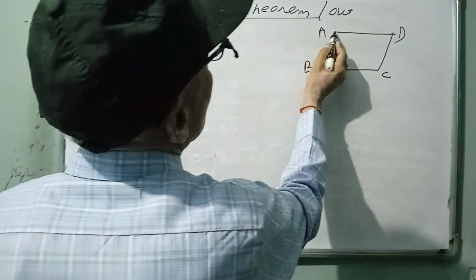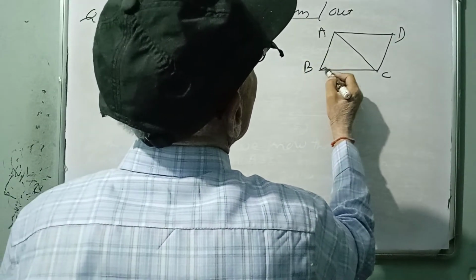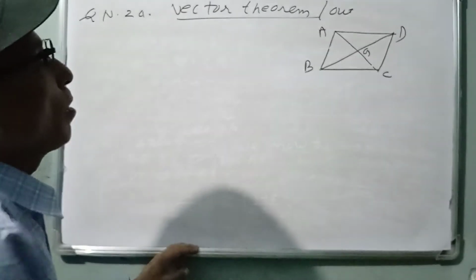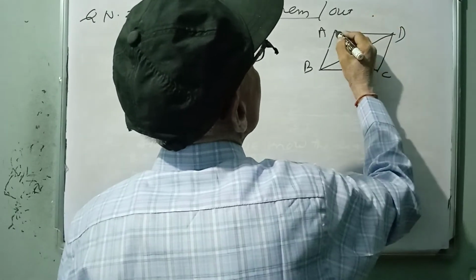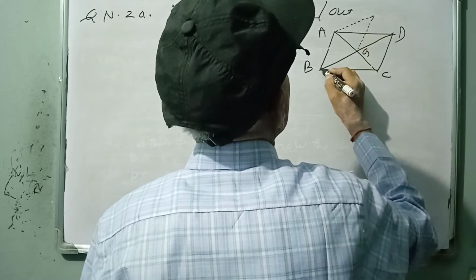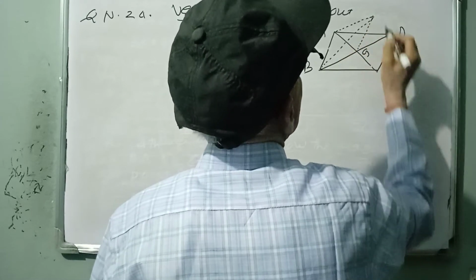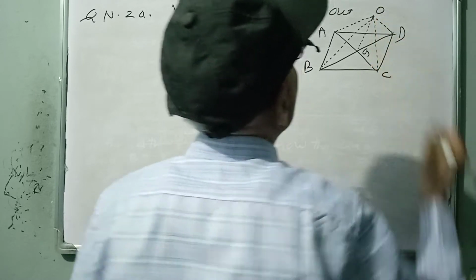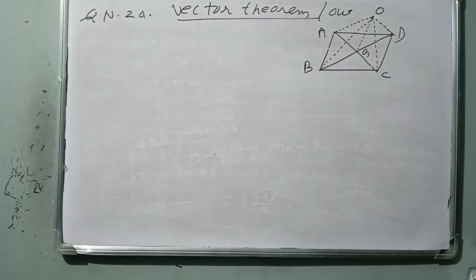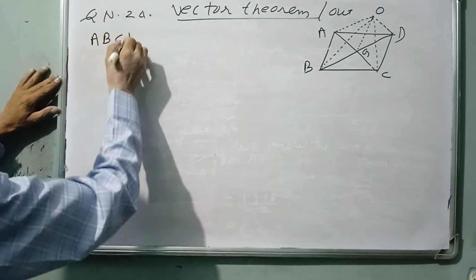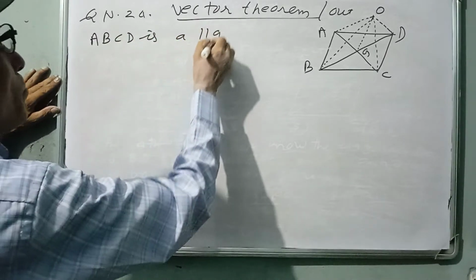ABCD is a parallelogram. G is the point of intersection of the diagonals. O is any point, anywhere outside the parallelogram. What is the question? The question is as follows: ABCD is a parallelogram.